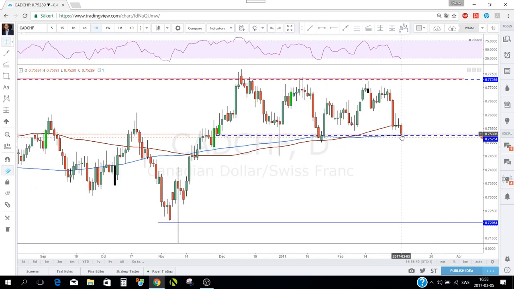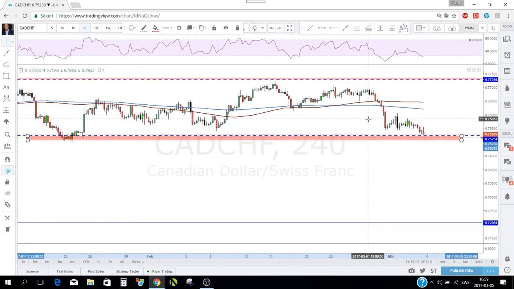We are on the daily, and the RSI is getting oversold, and this 200 moving average area is a good support area. As you see here, we got rejected very strongly back here. So of course I will be looking at how price reacts here next week, because the daily is also oversold.